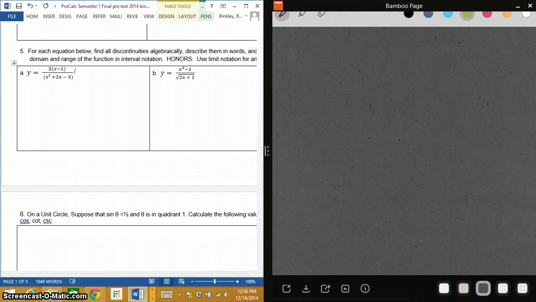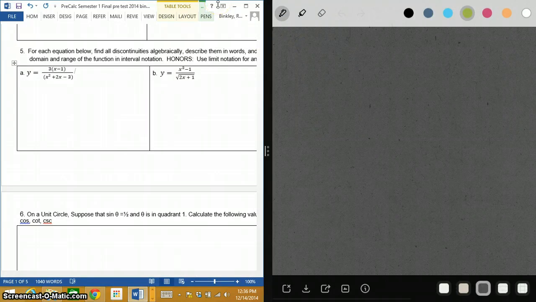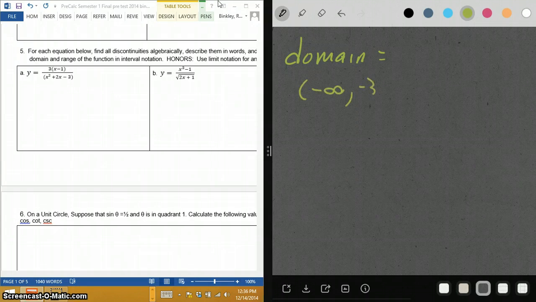Domain equals: we start off with -infinity to -3, union, and it's not going to be -3, that's why it's round, -3 to 1, union 1 to +infinity.